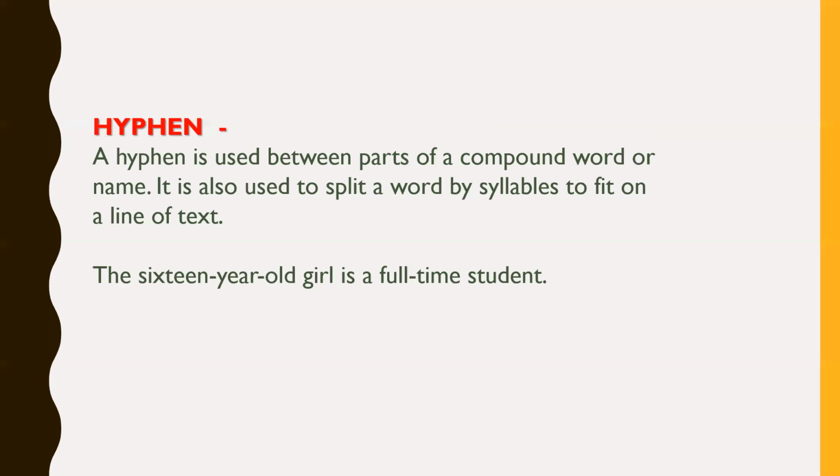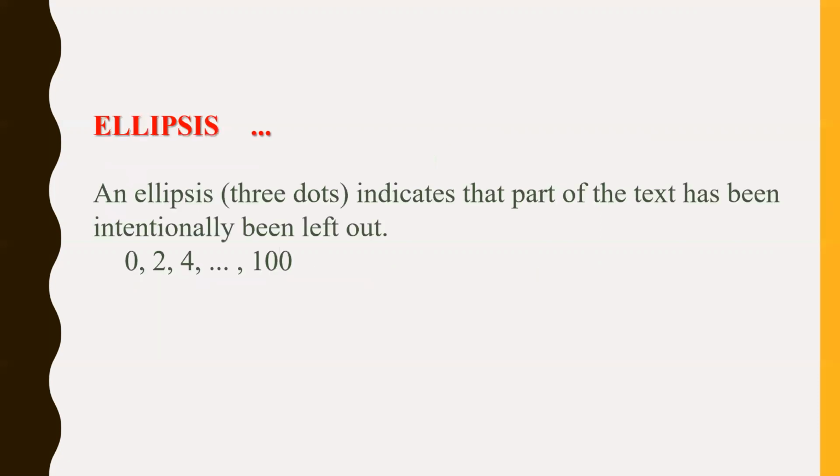For 16-year, 14-year, year-old girl, you also need a hyphen. What is a compound word? For example, full-time student, part-time student. Part-time is a compound word, and between part and time you use a hyphen to make a split between the words.